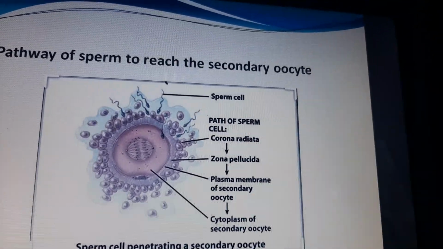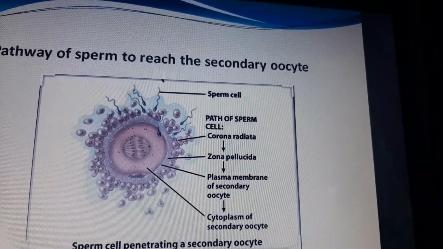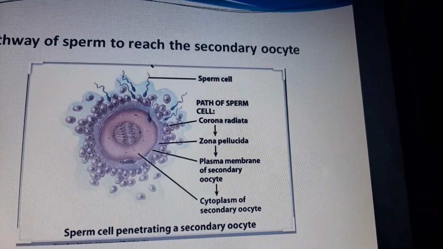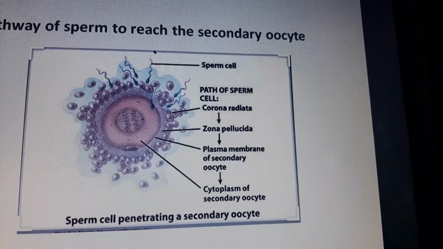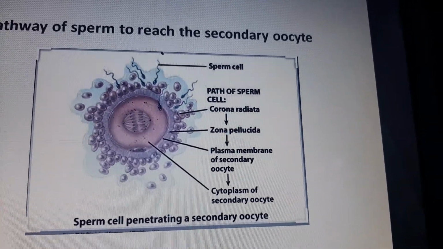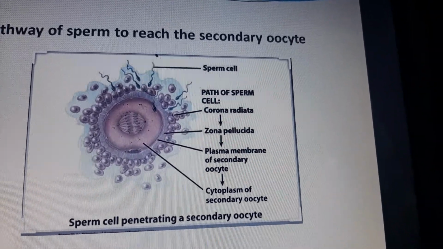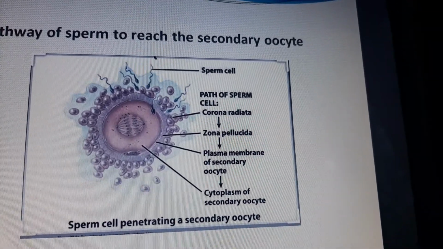Immediately when the sperm enters, the secondary oocyte undergoes the second meiotic division to produce the ovum and the second polar body. The second polar body which is formed is very small in size and has very little cytoplasmic content, so it degenerates. It has no function.